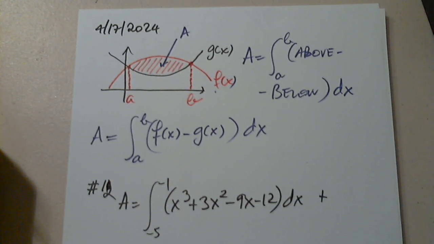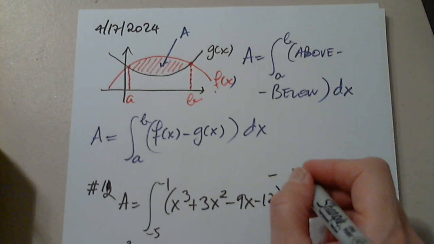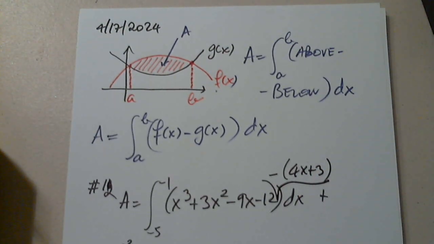So it's a definite integral from -1 to 3. Good. Oh, I didn't finish the first one. I'm jumping ahead. So it's minus the below: 4x plus 3. I said that, but I didn't put it in. Sorry about that. Good. We are now finally at the second piece.